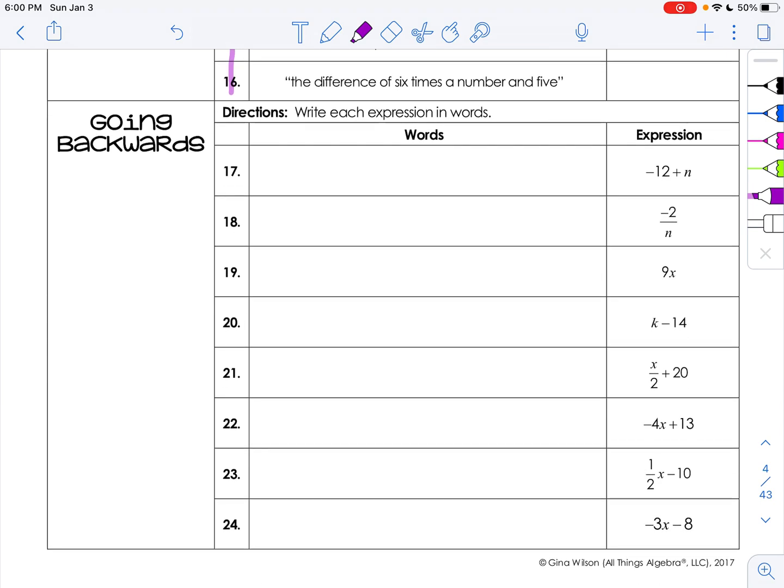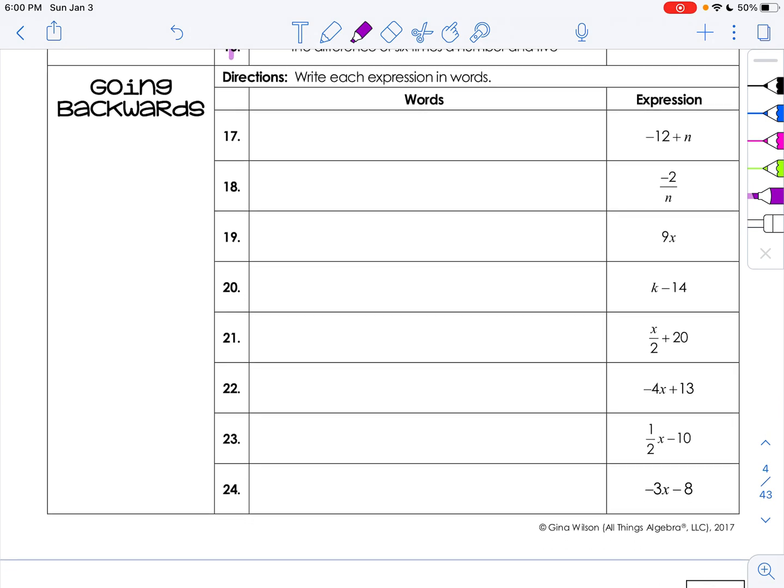Now, you can go the other direction, and if you're given an expression, you can write the phrase. So you can see here we have the expression -12 plus n. So we know that we're adding, so that's the sum of the two things we're adding are -12 and my variable.